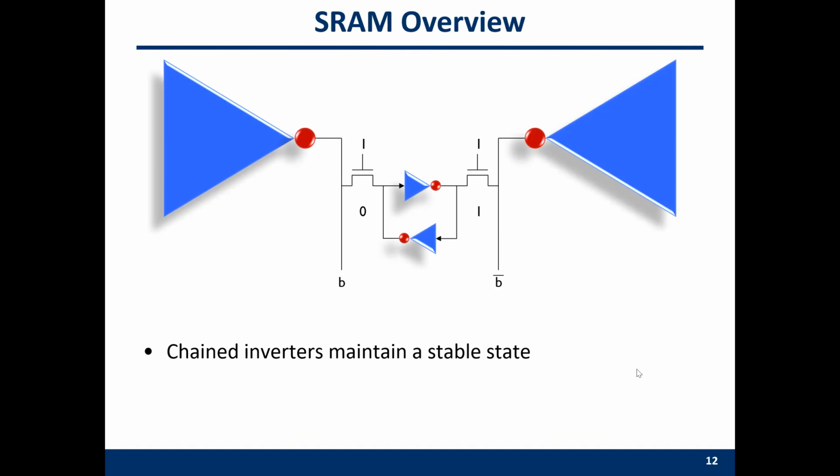Because each inverter includes two transistors, let's draw them. We draw the layout of the PMOS and NMOS here. This is the input, and this is the output. So the inverter contains only one PMOS and one NMOS.